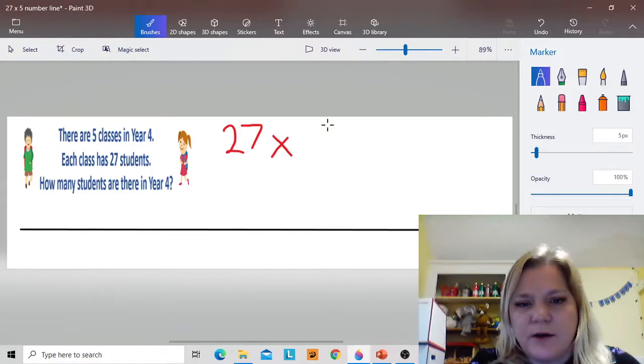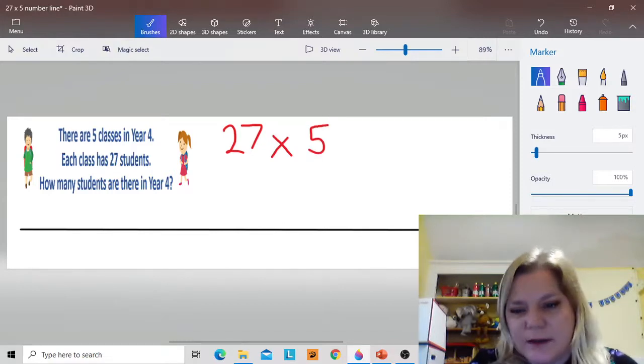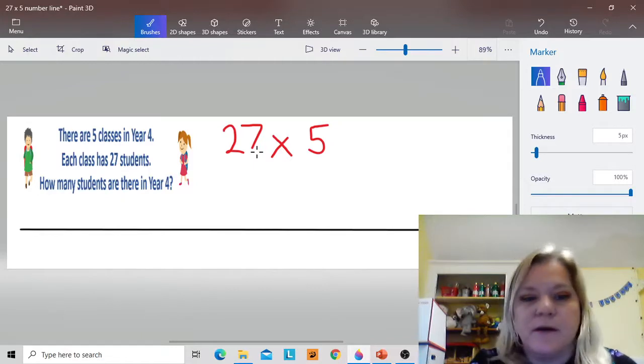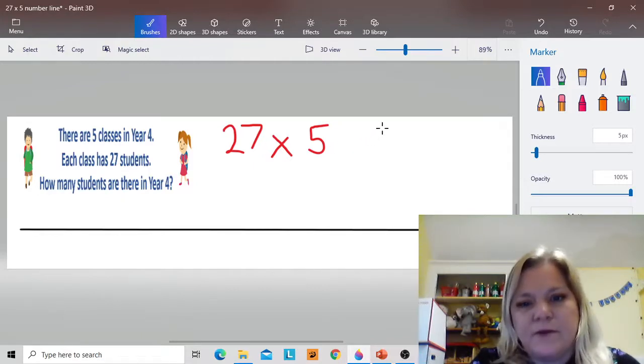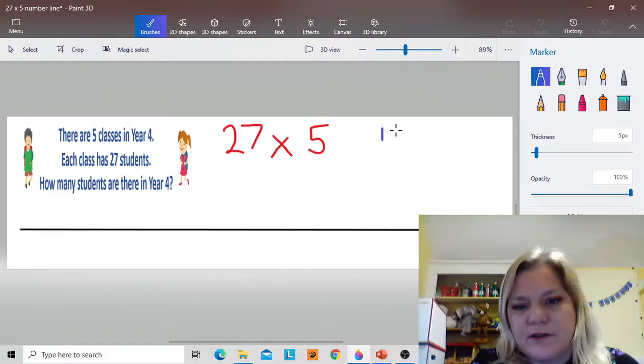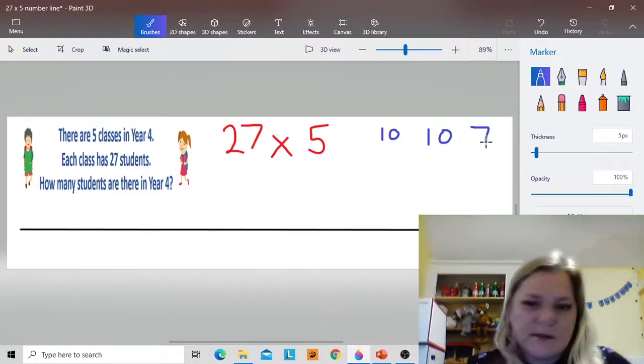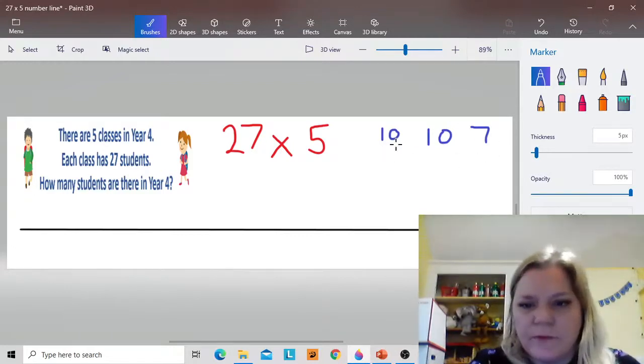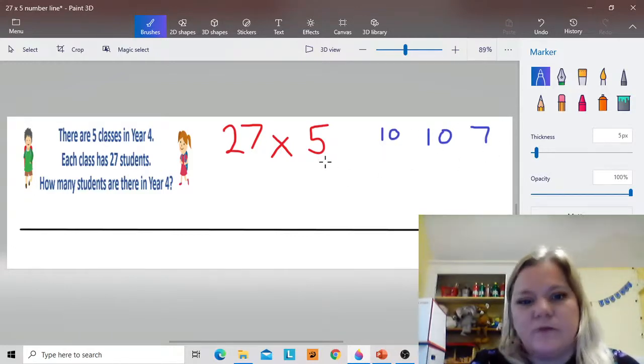Now, from our learning yesterday, we did some work on partitioning, didn't we? Now, I can see that 27, we can make this into a more manageable number by partitioning it. 27, we can partition into a 10, another 10, and a 7. And what we need to do is multiply all of these numbers, this 27, by 5.